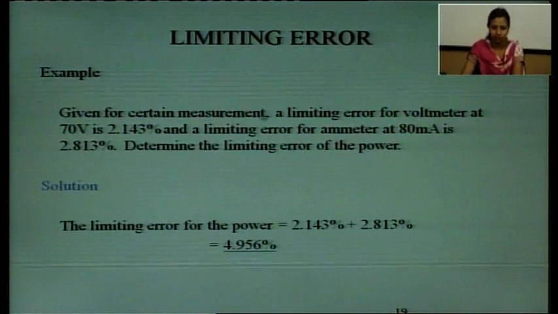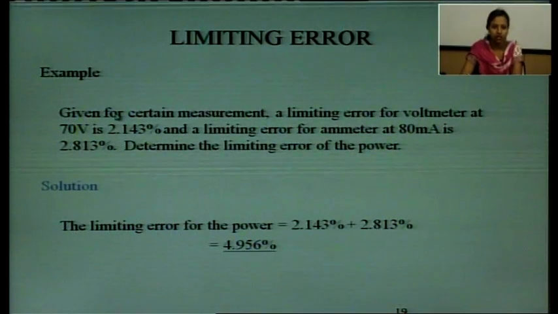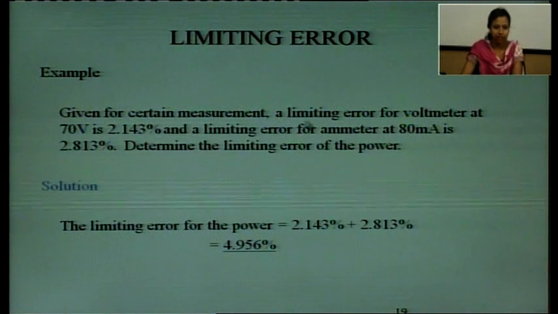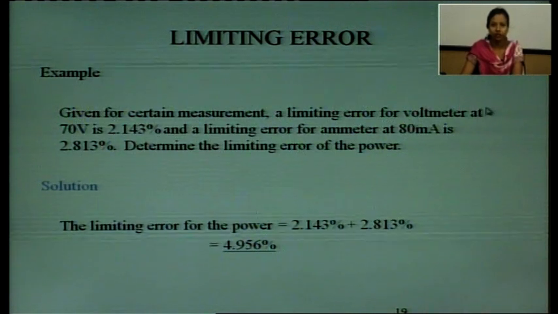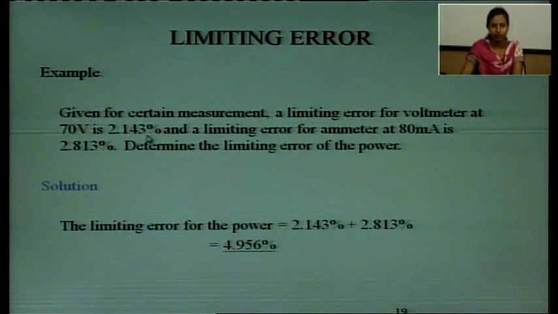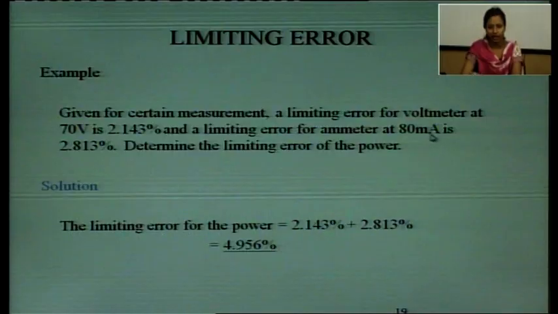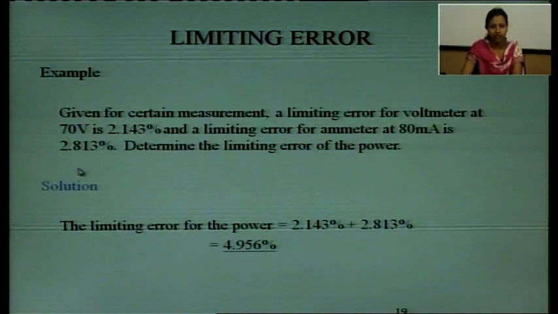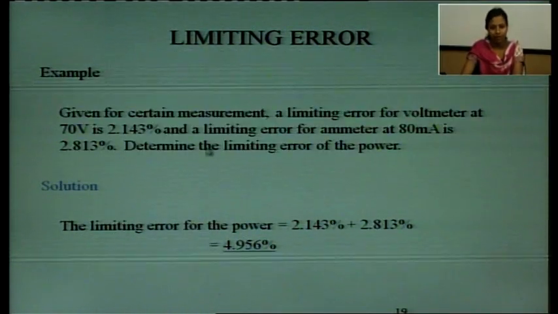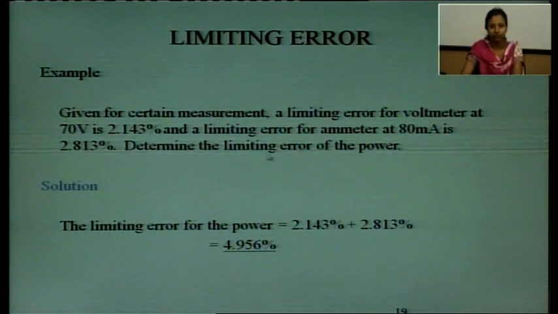The next error is limiting error. One numerical related to this: for a certain measurement, the limiting error for the voltmeter at 70 volt is 2.143% and the limiting error for the ammeter at 80 milliampere is 2.813%. We need to determine the limiting error of the power.